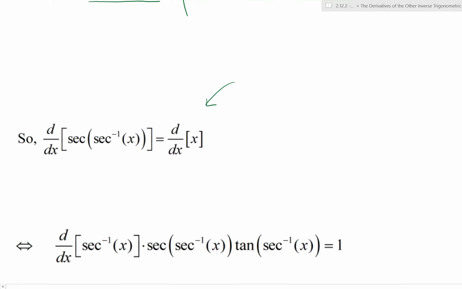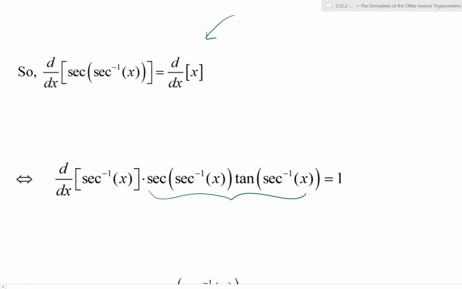And then times the derivative of the outer function. The outer function here is the secant function, and the derivative of the secant function is secant times tangent, but now evaluated at the inner function. So we get the secant of the secant inverse of x times the tangent of the secant inverse of x, and that's all going to be equal to 1, because the derivative of x with respect to x is 1.